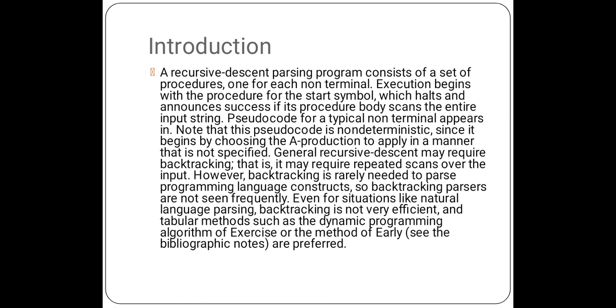He defined some methods. So instead of using backtracking, we would suggest other techniques like dynamic programming or the Earley method, and we would be able to find solutions. So we have some alternatives instead of backtracking.